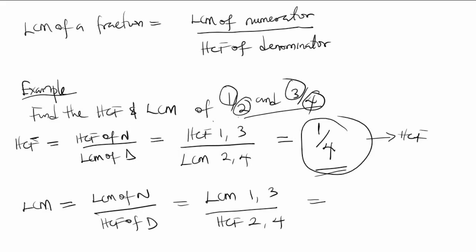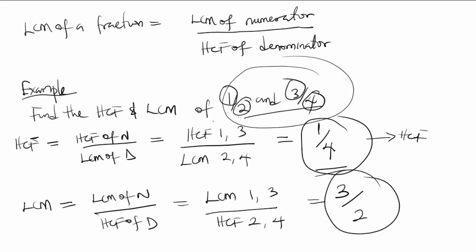The LCM of 1 and 3 is 3, and the HCF of 2 and 4 is 2. So the LCM of this fraction is 3/2, and that is how to determine the HCF and the LCM of fractions.